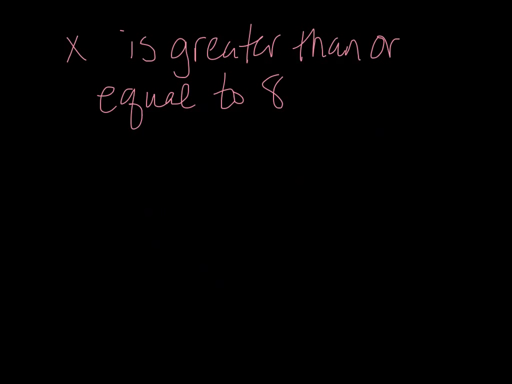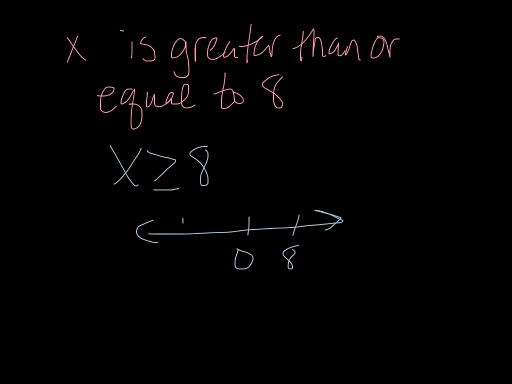All right, this one's in words. We're going to write an inequality. So x is greater than or equal to 8. Number line, again 0, 8, and the opposite of 8 is -8. I'm going to put a circle above the 8, and I'm going to shade the circle in because we have the equal sign.